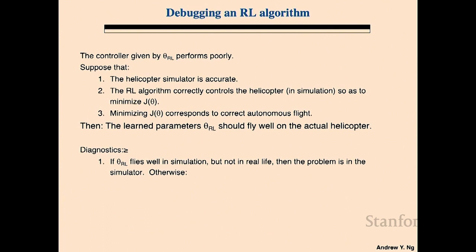There are 2 possible cases. If it flies well in simulation but doesn't do well in real life, then something's wrong with the simulator, and it's worth working on the simulator. If it's already working well in the simulator, what else could you expect the reinforcement learning algorithm to do?